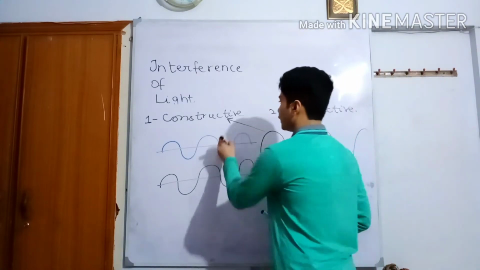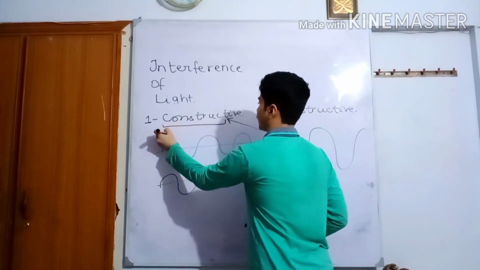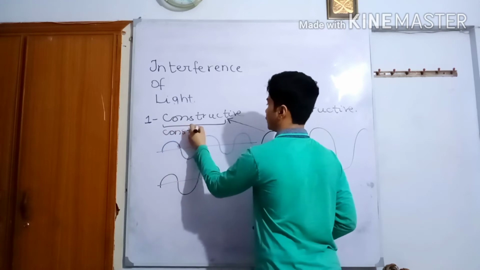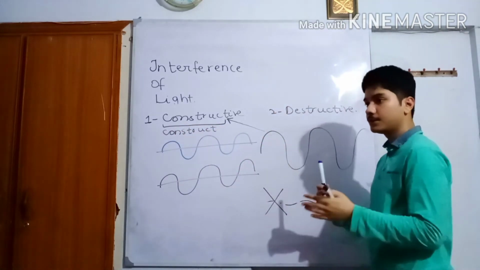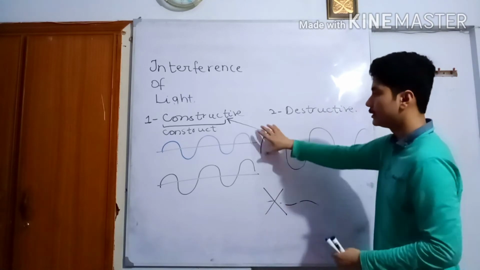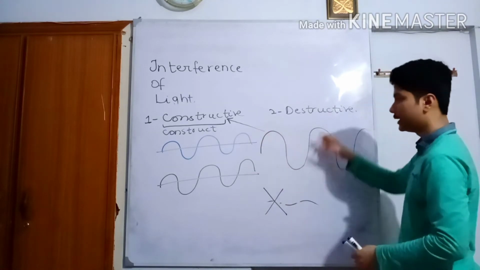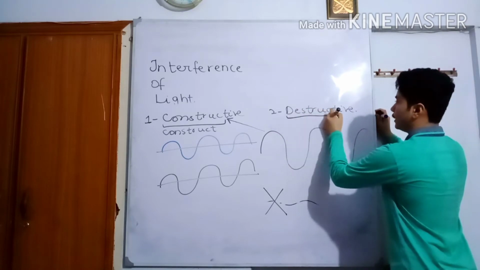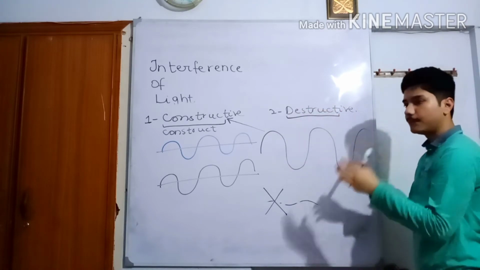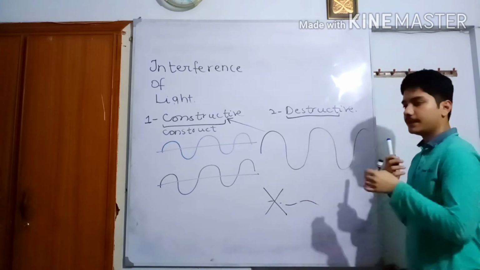The word constructive arises from the smaller word construct. Construct means to build, to make something bigger. So these 2 light waves add and make a light of great intensity. But destructive comes from the word destruct, which means to demolish, to finish, to vanish.